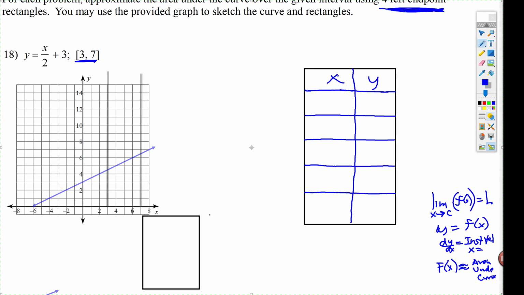Okay, first thing we're going to do, and I've already done this, is I've drawn that. And then between the intervals of 3 and 7, so let me do this.